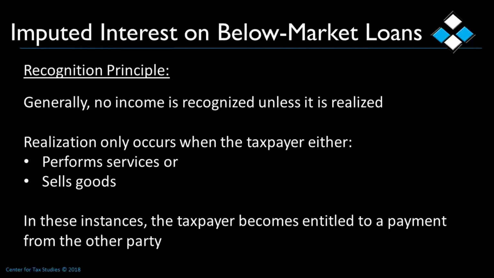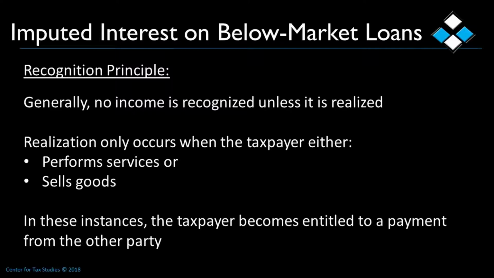So the first thing that we have to do is discuss what the recognition principle is. Recognition is, when do I recognize income for tax purposes? It's the difference between when it is realized, when you realize income into your books, and whether it is recognized as a taxable event. Realization only occurs when the taxpayer performs services or sells goods, thus becoming entitled to a payment from another party.